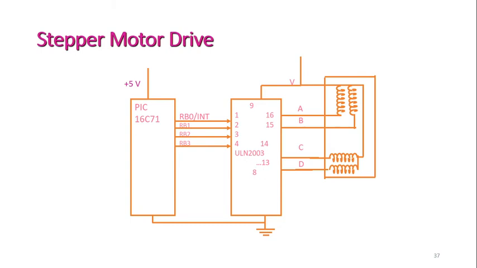This IC has seven Darlington pair terminals within it. It acts as a stepper motor driver, or in simple terms, an amplifier that amplifies the low power signal coming from the microcontroller IC to this IC.